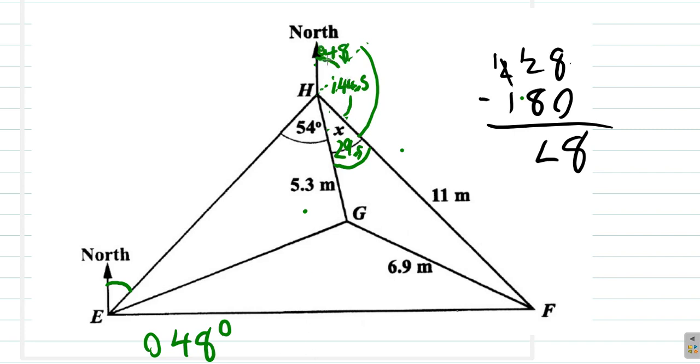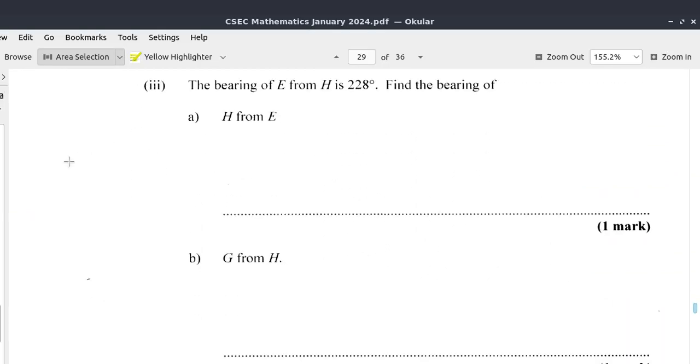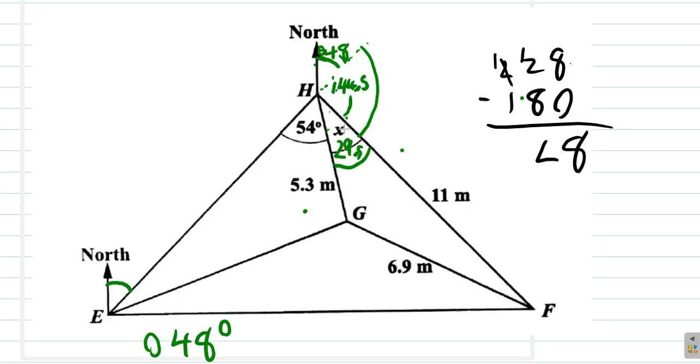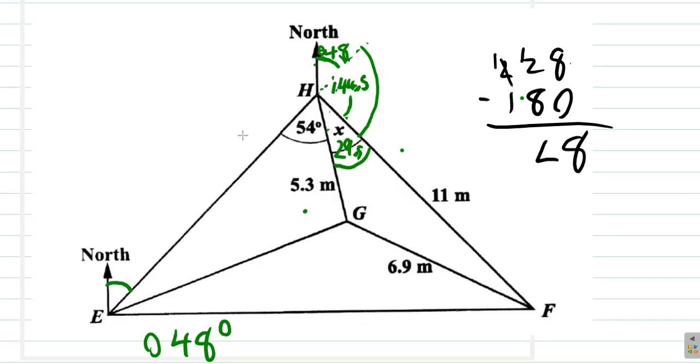The 48 is okay. So from here, going all the way around, what do you want again? The bearing of G from H. Oh, it's all of this angle they want. Let's do that again because I got mixed up.